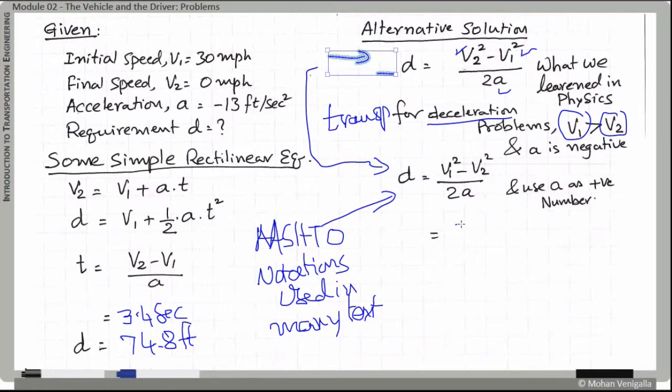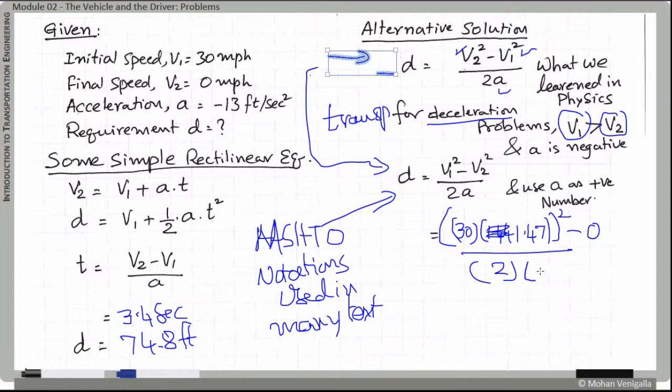v1 square is 30 times the conversion factor of 1.47 feet per second for every mile per hour, where 30 is your miles per hour, whole square, minus 0, divided by 2 times 13.